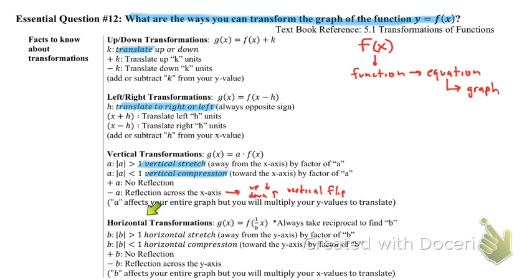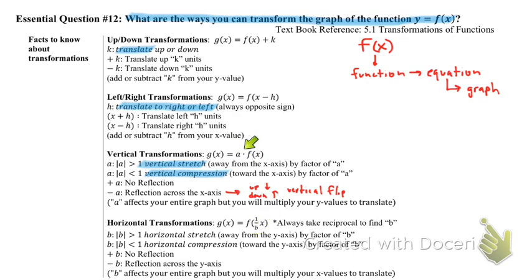Next thing is we can have a horizontal transformation. And much like the vertical stretch or compression, we could have a horizontal stretch or compression. The way this works is this number will be inside parentheses like we have here, and it will be multiplying with the x. A common mistake is students confuse the a value with the b value.